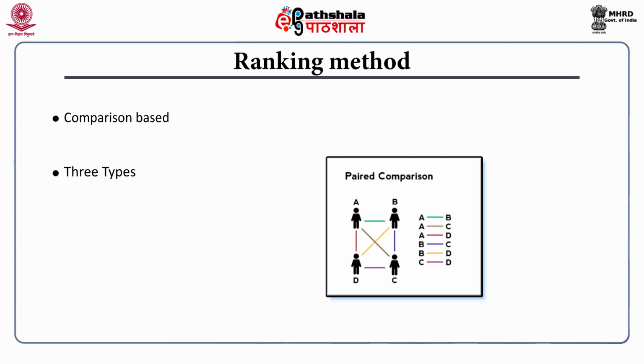The first one is the simple ranking method. In this method, an employee's performance is assessed in comparison to the performance of all who are involved in doing similar jobs. The performance is judged on the basis of pre-decided criteria, like presence of a particular trait resulting into a particular level of performance.